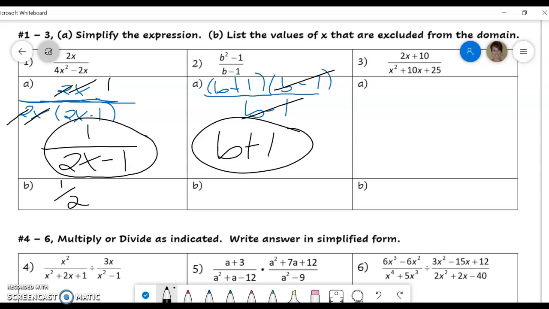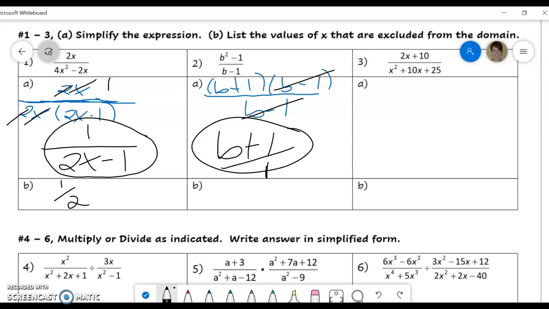And then this one might be a little bit easier to figure out, but this would be b plus 1 over 1, right? So for the values of x that are excluded, since our denominator is 1 and we're not dividing by any variable, we can plug in whatever we want.